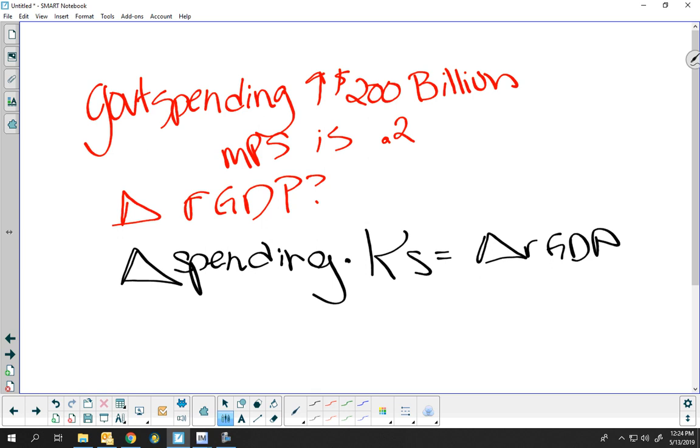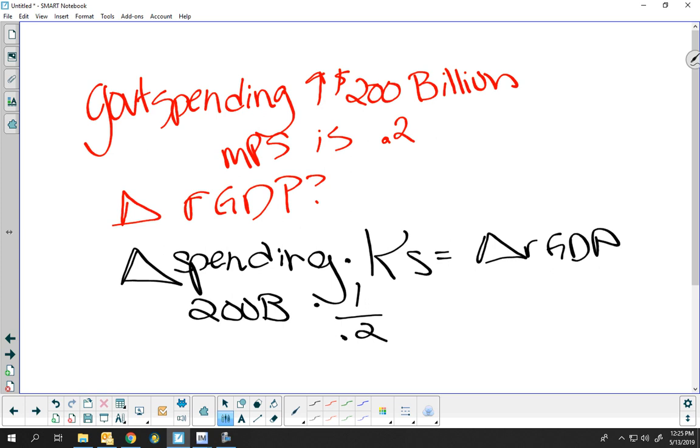So here's the equation that you will be using. They will give you 2 of these variables, and you solve for the other one. In this case, I gave you spending, 200 million. I did not give you KS, but it is 1 over MPS. What is 1 over 0.2? 5, okay.